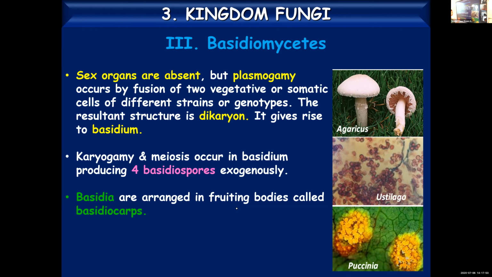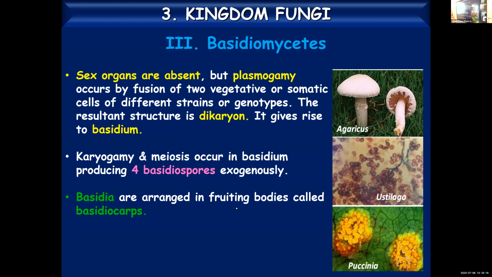Basidiocarps. Basidia will be formed when, followed by plasmogamy, there will be a dikaryotic phase. That dikaryon will produce basidium. And inside the basidium, karyogamy happens, that is, it was remaining as N plus N, that fusion gets completed, then meiotic division takes place and results in the formation of 4 spores.